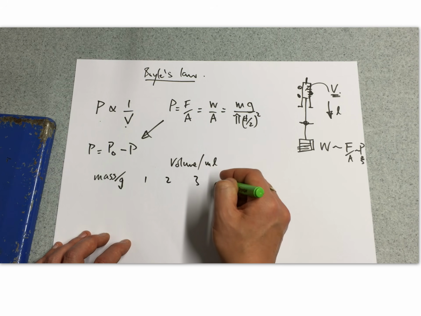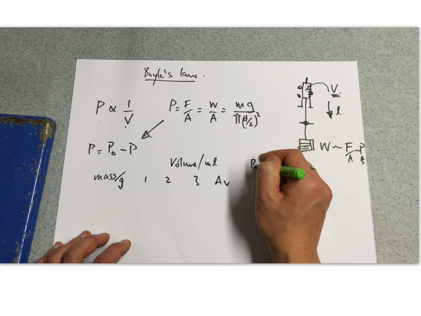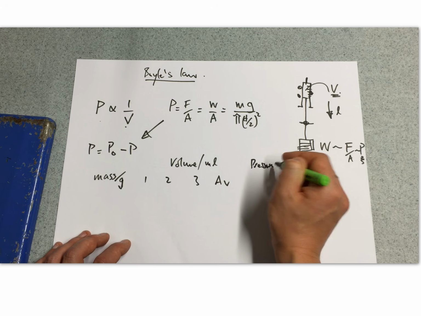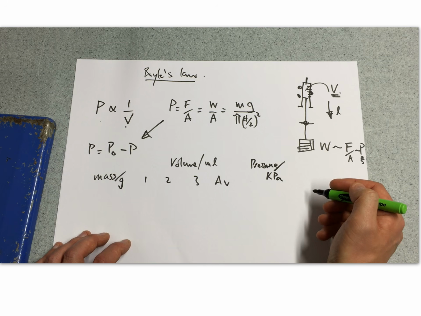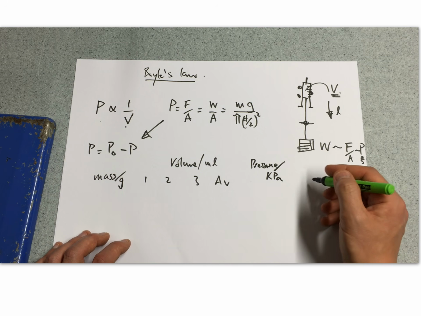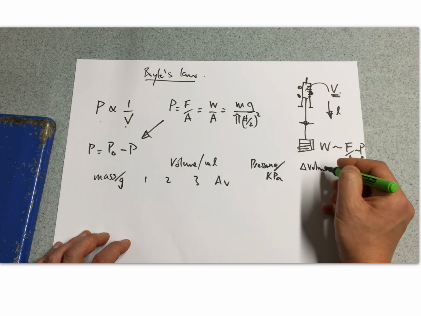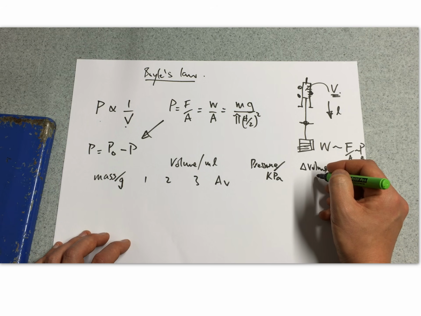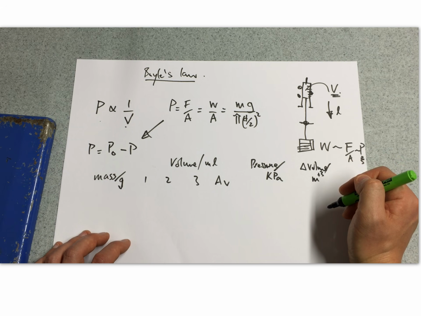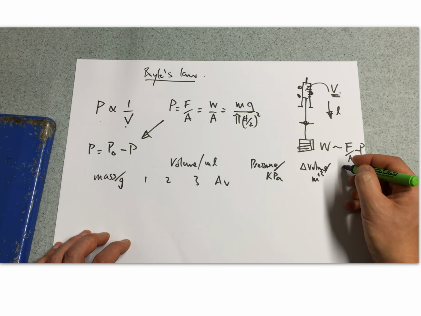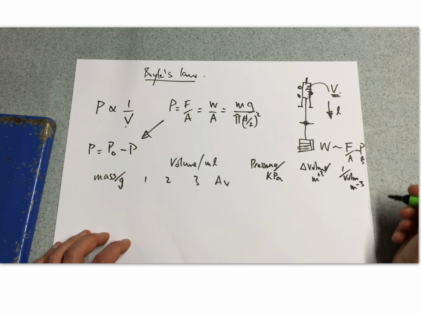Once, twice, 3 times in an average. We then want to work out the pressure in kilopascals, and then we're going to look for the change in volume in meters cubed. And then finally 1 over the volume, meters to the minus 3.